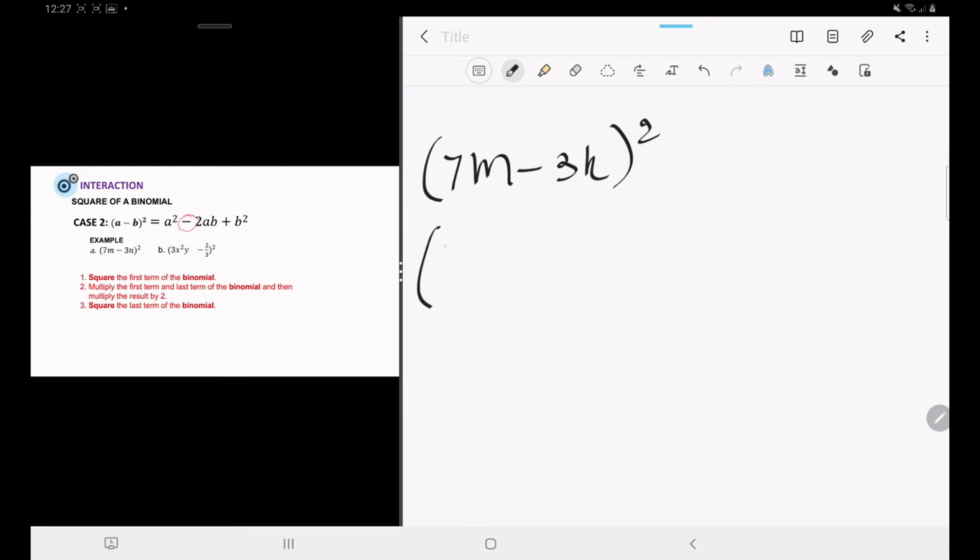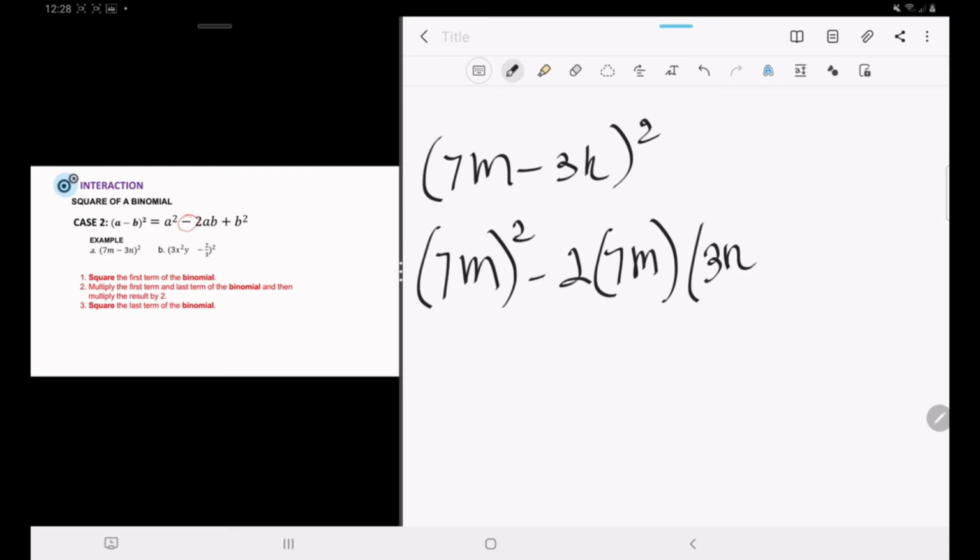So we get the square of the first term, so that's 7m squared, and then minus twice the product of 7m and 3n, and then plus the square of the second term of the binomial, and then simplify.